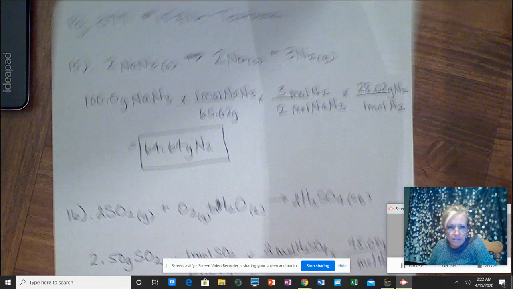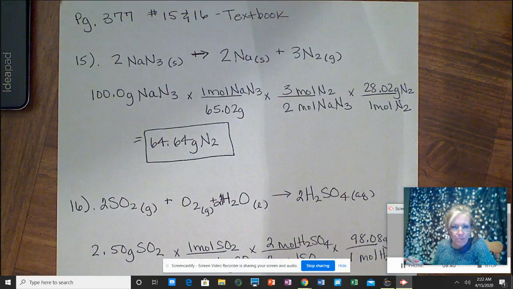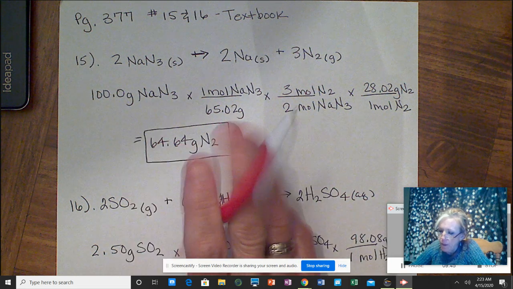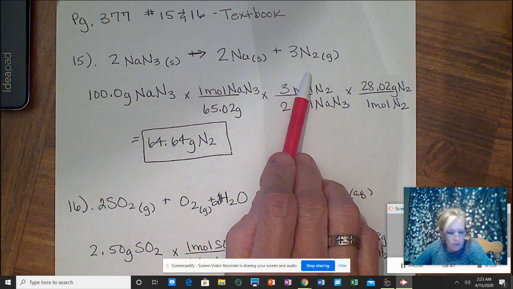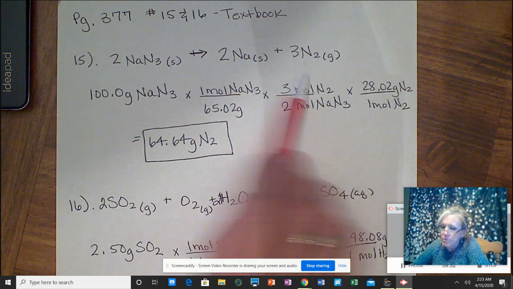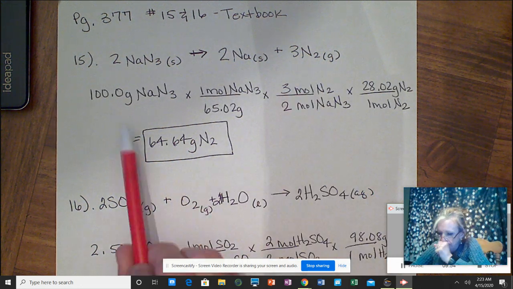Okay, number 15. These are our first mass-to-mass problems that we do. So there's 2 of these. Okay? We write our balanced equation. Actually, they might have given us this. Yes, they already balanced that for us. So we just rewrite that. Okay?